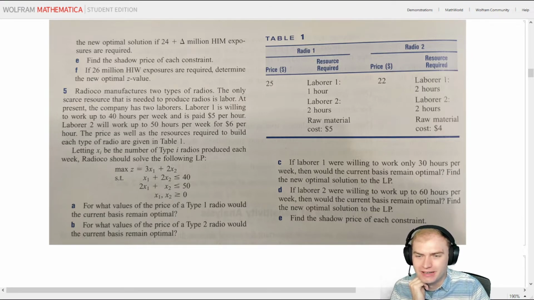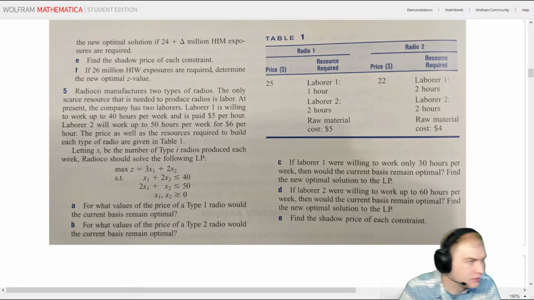But it's a cute little problem that will give us a good view of practical ways we can think about sensitivity analysis. I did notice one issue. I think this 2 should be a 1 here.